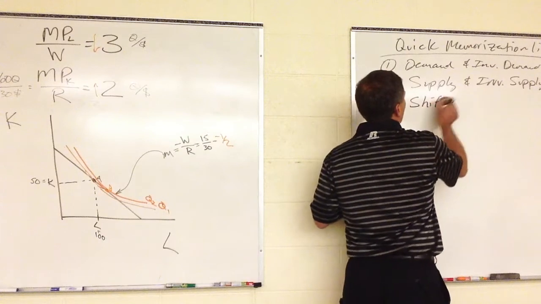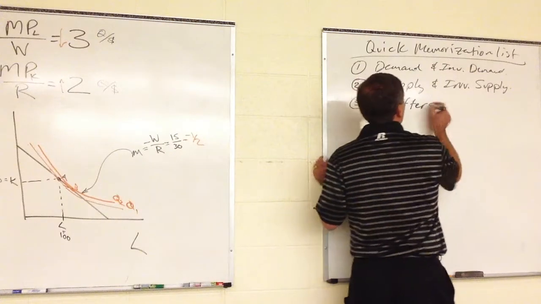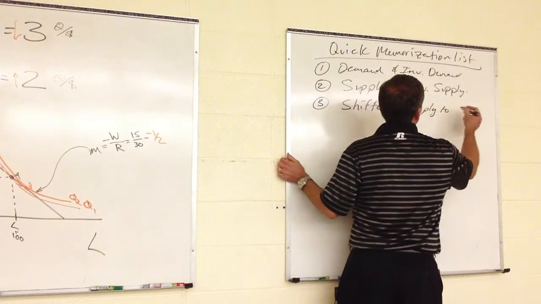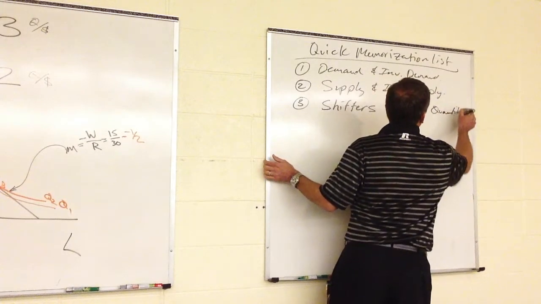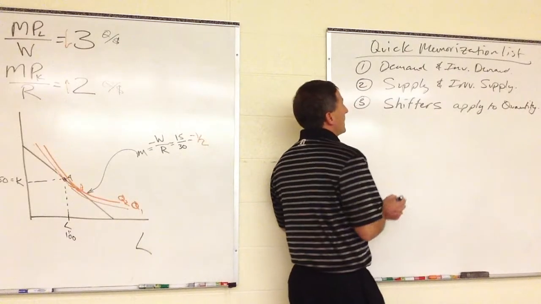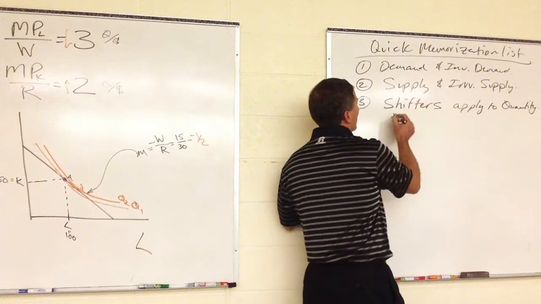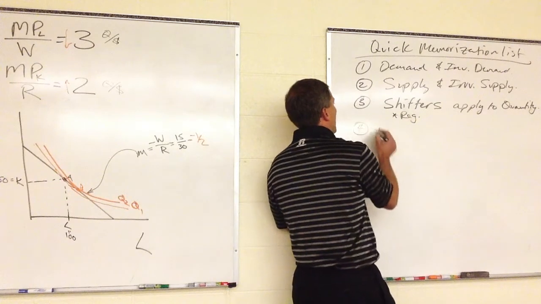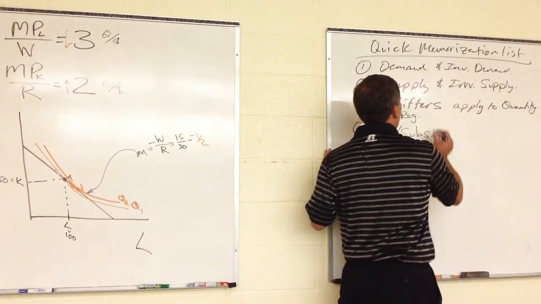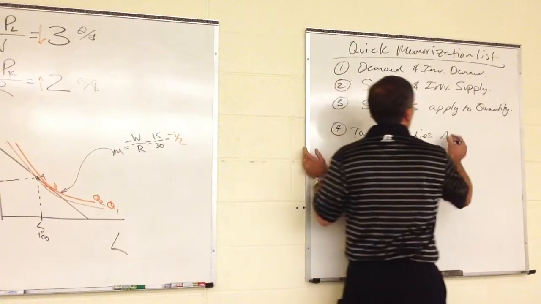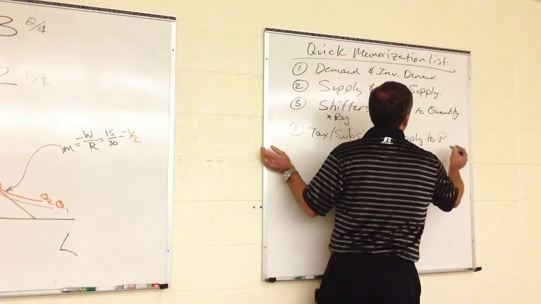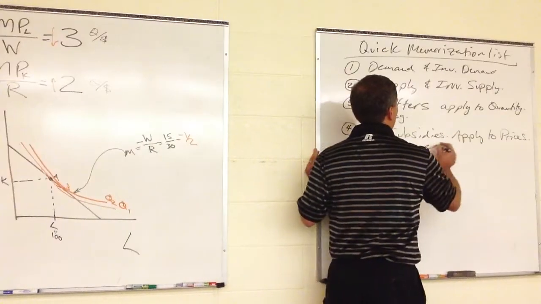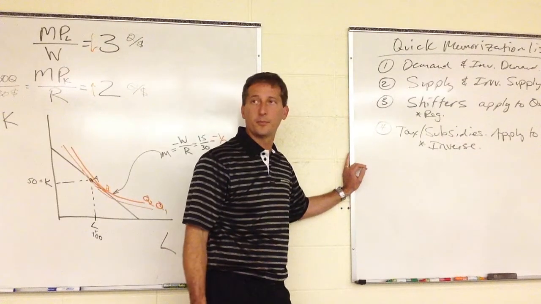We got the general concept that shifters apply to quantity, i.e. to the regular curve, and taxes and subsidies apply to prices. In other words, they apply to the inverse when we're doing it in equation form.